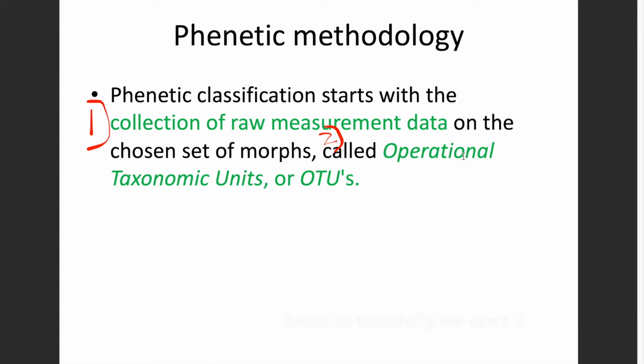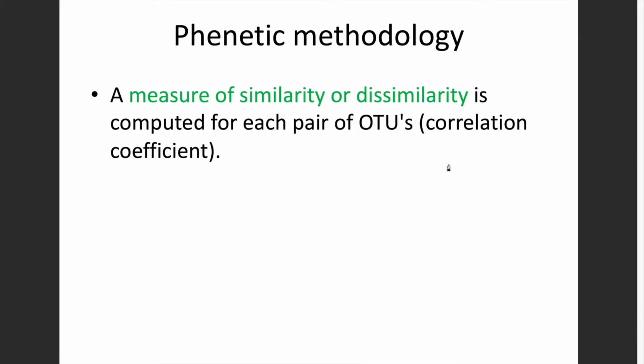So usually, when we create an OTU, we specify how much degree of variation in the DNA sequences, how much degree of variation in the morphological measurements there are, for us to have a solid and hard grasp of what we are talking about. So that's your OTU.